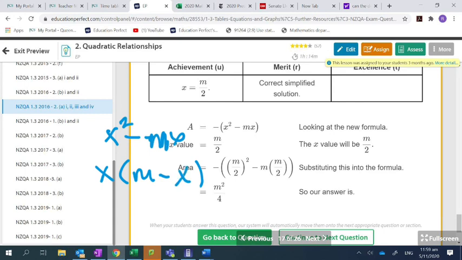Then x equals 0, or m minus x equals 0. Subtract m from both sides. It's just going to give you x equals m.